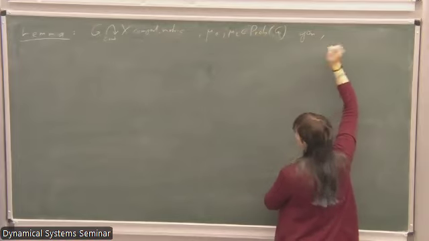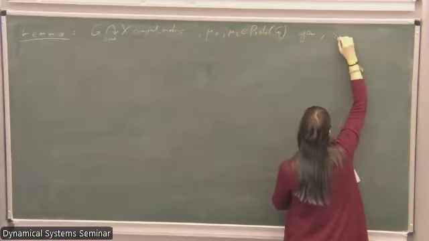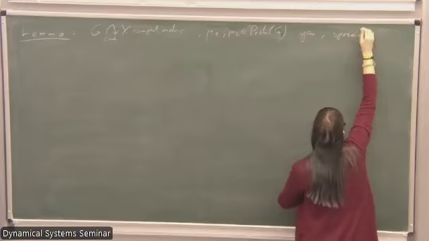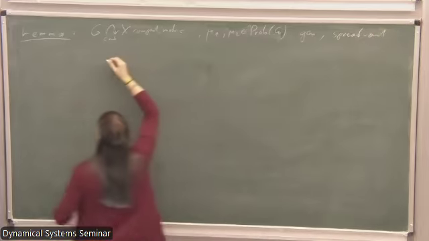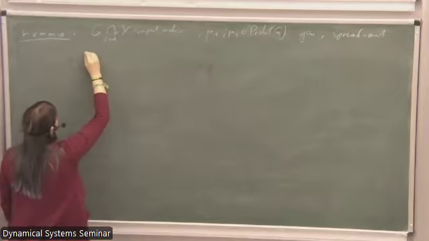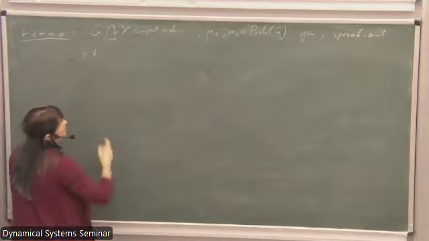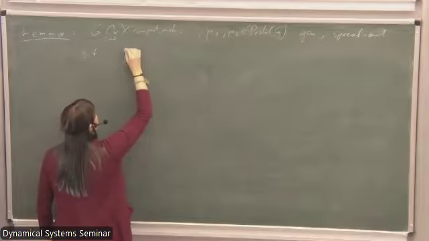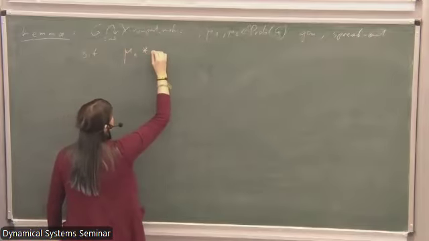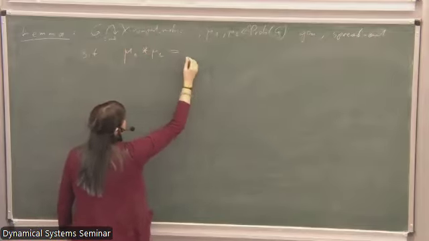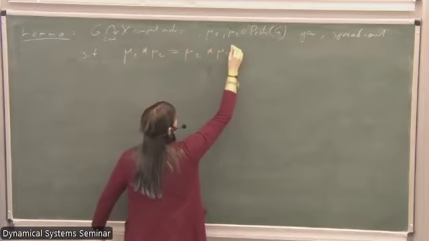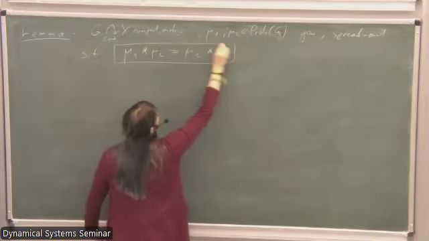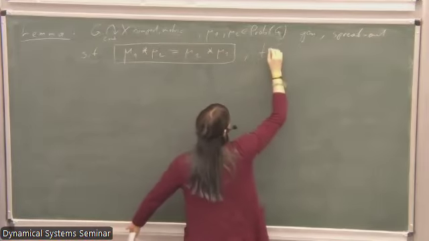Here I don't need them to be discrete, so let's say spread out also. So this works in general locally compact groups. And I want them to commute, in the sense that mu1 convolution mu2 is the same as mu2 convolution mu1. Okay? Then I can conclude the following.